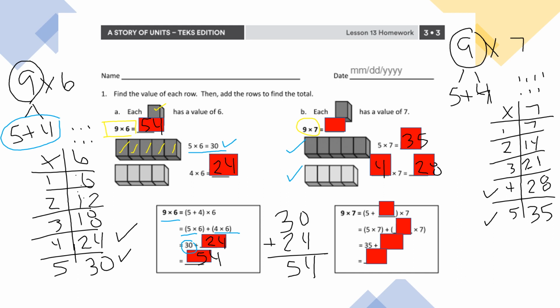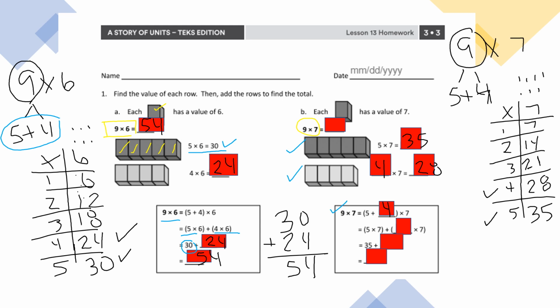All right, now just like with 1A, we do the same thing with 1B, where we use all of the work that we performed at the top to fill in all the blanks in the box at the bottom. The first line says, 9 times 7 equals 5 plus blank. We know 5 plus blank is 4.